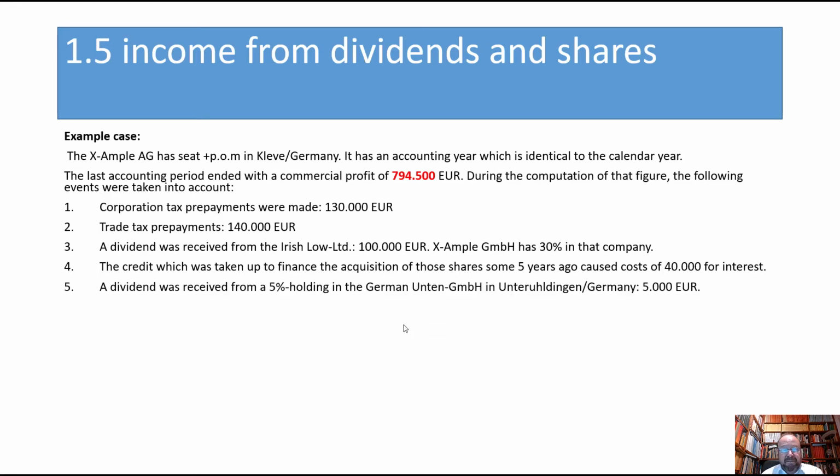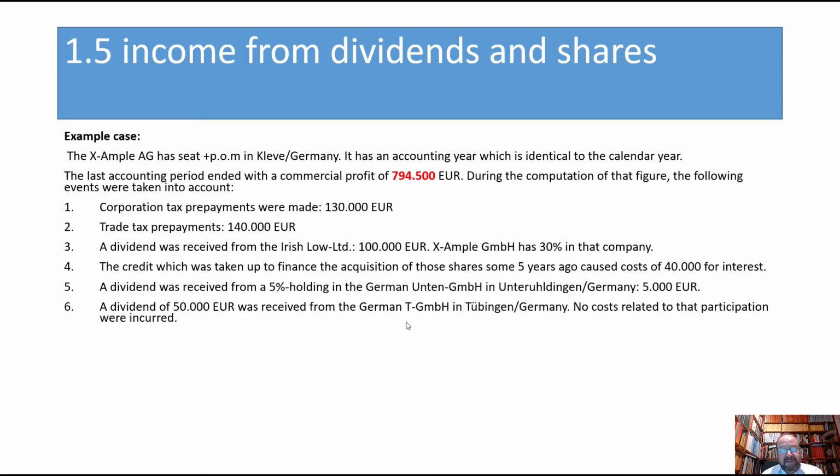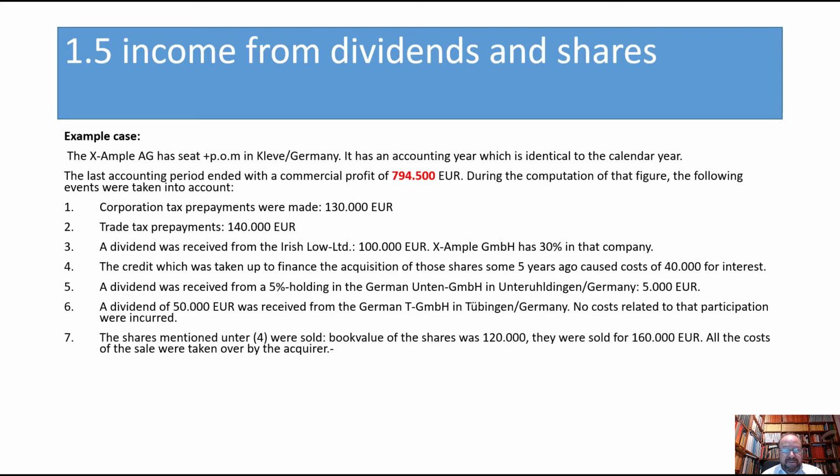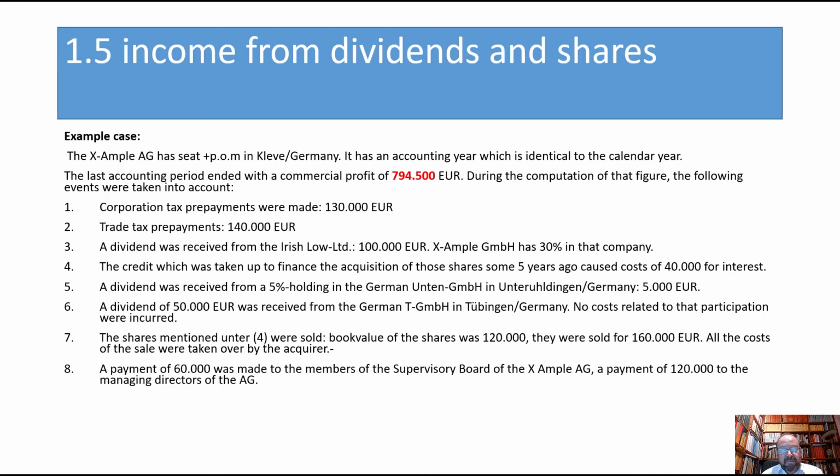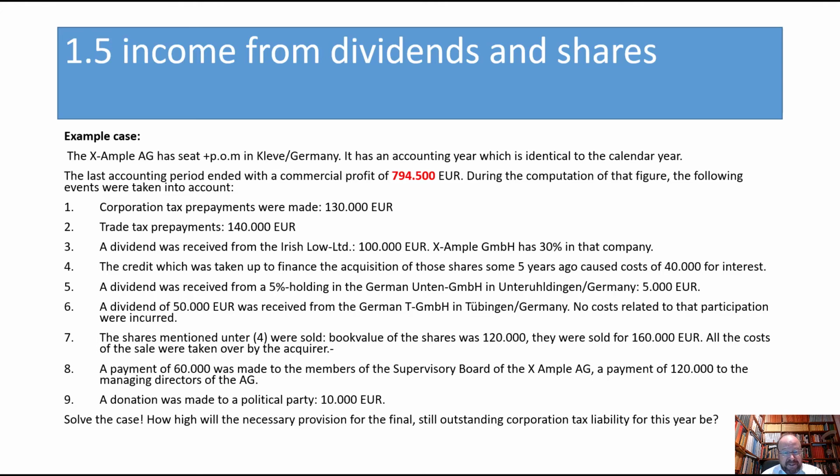A dividend came from a 5% holding in a German GmbH, and a dividend of 50,000 was received from a German GmbH where one had a major participation, let's say 20% or so, and the shares mentioned under 4 were sold. A payment of 60,000 was made to the members of the supervisory board, and a donation was made to a political party. And the final question is, solve the case, please.